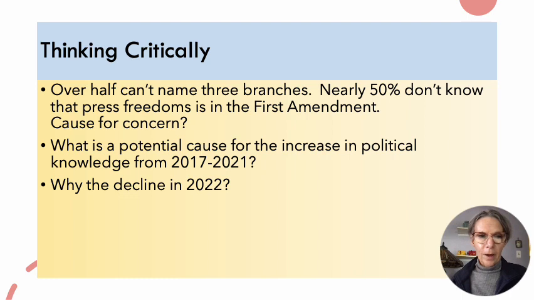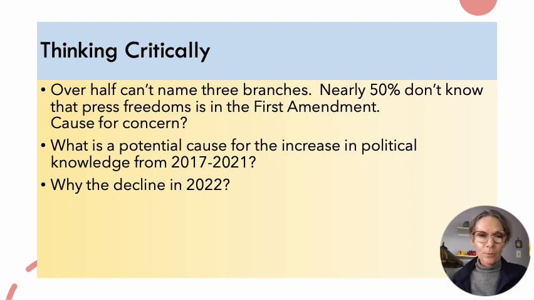of American democracy. We saw an increase in political knowledge from 2017 to 2021, and then we see this decline in 2022. When I taught this last semester, I was like, do we think this increased knowledge is going to be a trend that continues into the future? And the answer to that is, well, at least not into 2022. We'll see what the 2023 survey says.